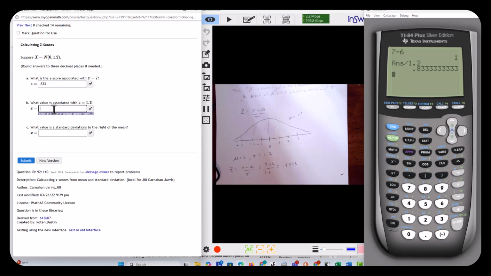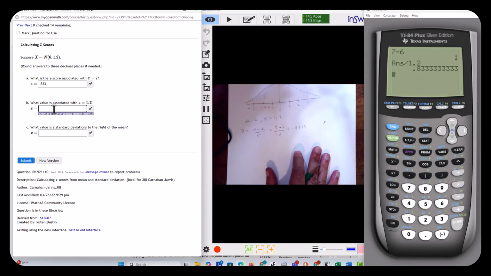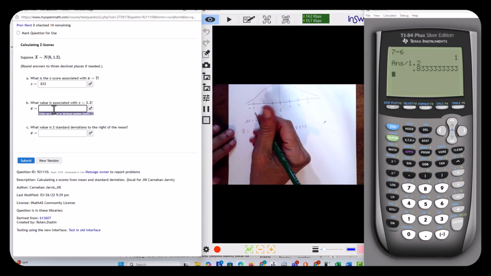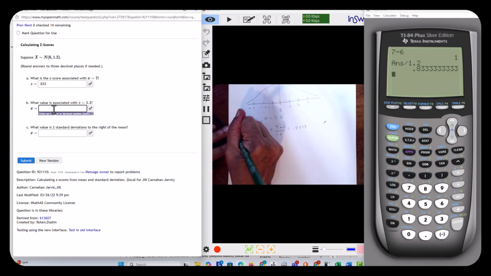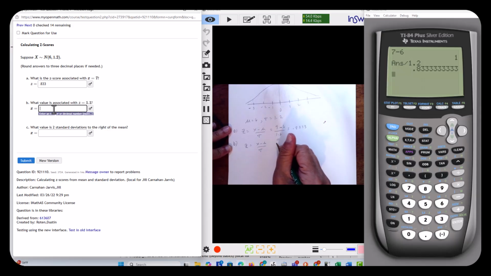Now, what x value is associated with z equal 1.1? I'm just going to write x minus mu over sigma, and I'm getting the z-score. So I'm going to substitute in, just like in algebra. 1.1 is equal to x minus mu over sigma.